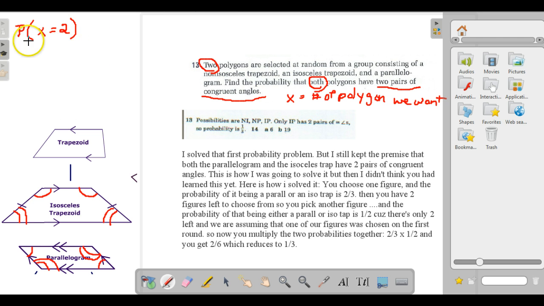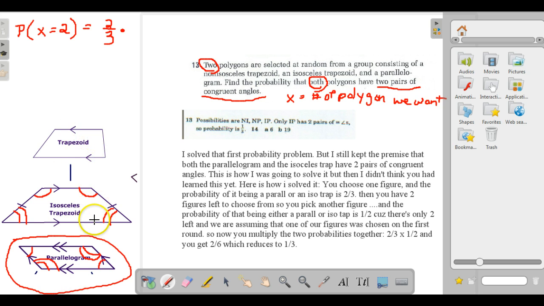is equal to the probability on our first choice. There's 3 to choose from, but only 2 out of the 3 have what we want. So there's a 2 out of 3 chance of getting what we want the first time we pick. Then for our second pick, we multiply this probability by what's left over. Say the first pick we chose this parallelogram.